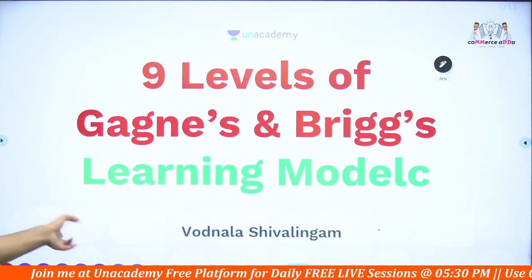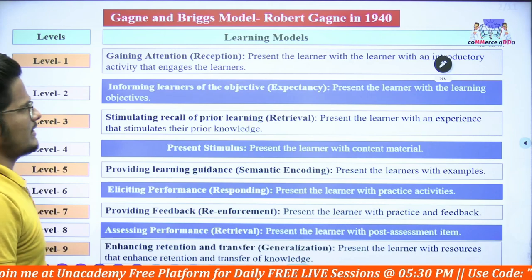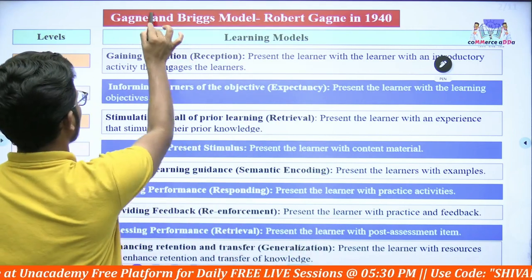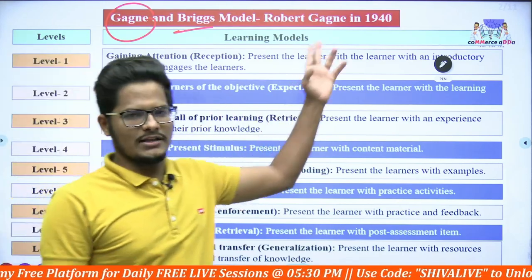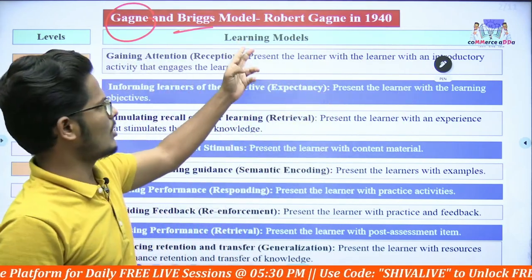If you look at the 9 levels of the learning model given by Gagne as well as Briggs, they gave this model in the 1940s, and Robert Gagne is the one.